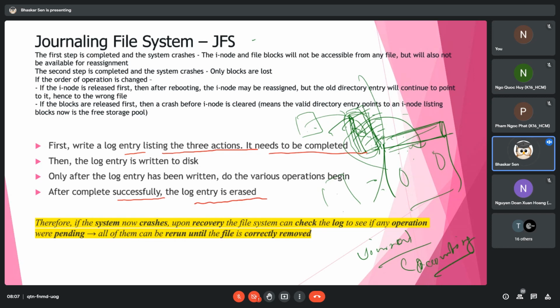If you have friends studying accounting, you can ask them. Journaling is a feature in accounting: how to maintain a journal for each transaction, basically noting down all the transaction details, so that just in case any transaction has a problem, you can track it down.